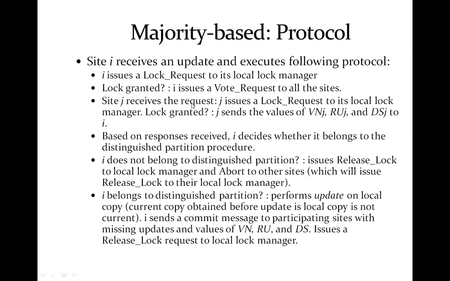Whenever a site, suppose site J, receives the vote request from site I, it will issue a lock request to its local lock manager, and if that lock is granted, J sends the version number, the total replica updated, and the distinguished site. Whatever is being maintained at site J, it will send all these values to site I.